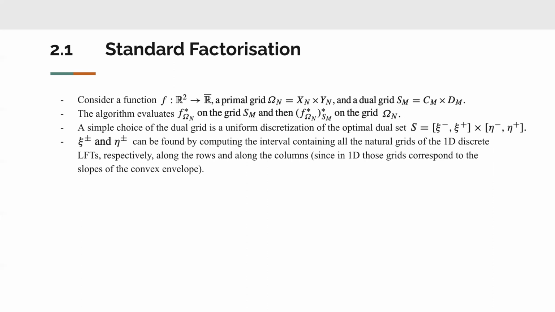And we should note that in one-dimensional discrete LFT, those grids correspond to the slopes of the convex envelope. So let's say Sm is a grid with the same size as that of omega n. Let's consider the size of Xn to be n and Yn to be m.